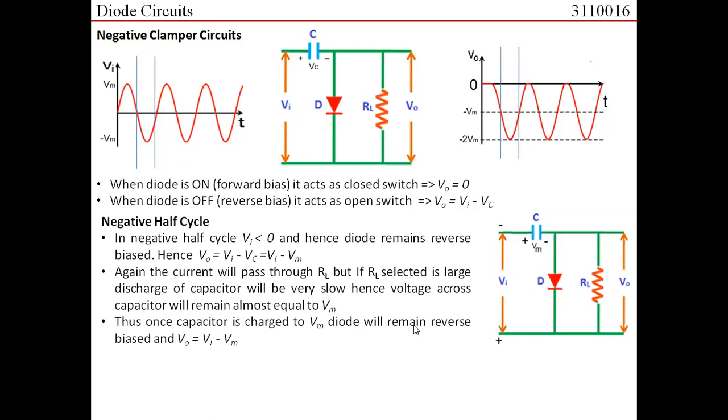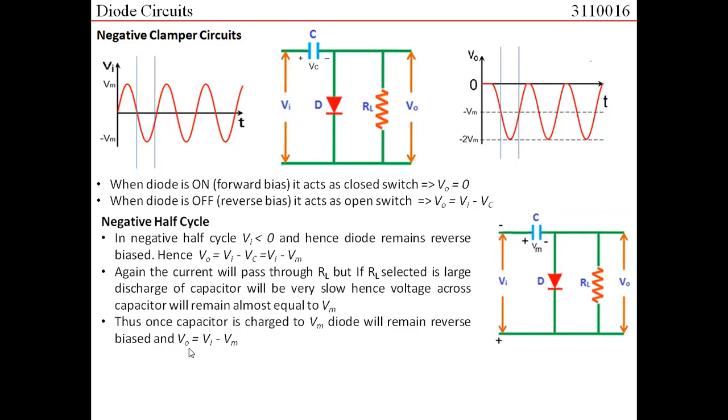So now if we try to understand the positive and the negative half cycles together, then we understand that once the capacitor is charged to Vm, whether it is the positive half cycle or the negative half cycle, the diode would always remain in a reverse bias state, and hence the output voltage would continuously be V0 equal to Vi minus Vm.